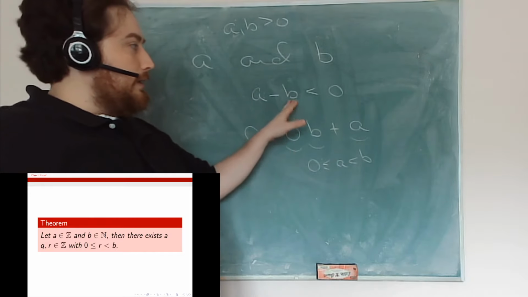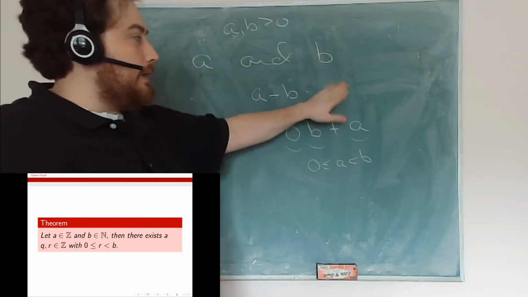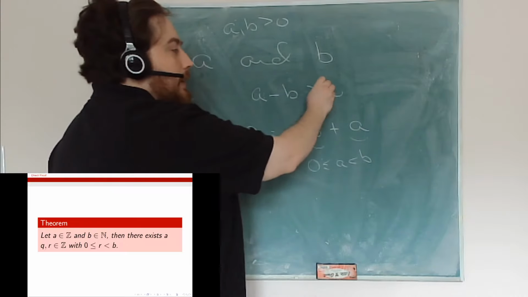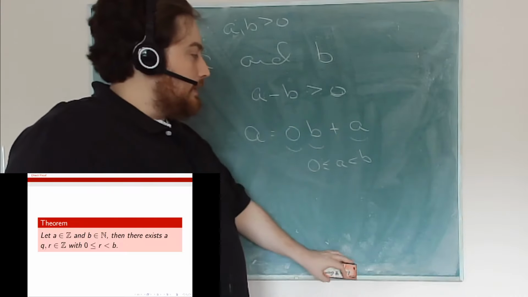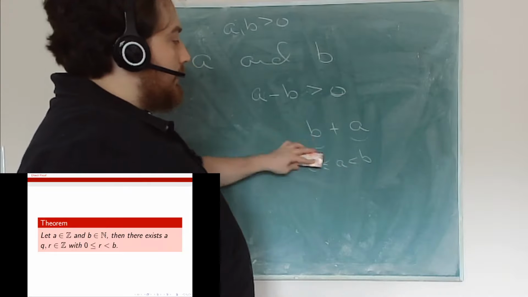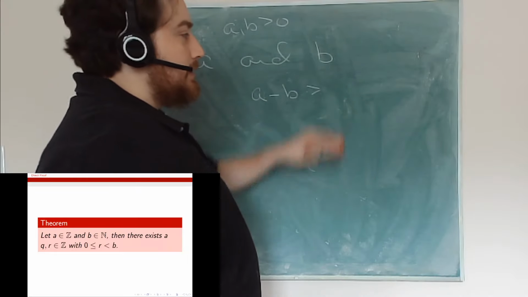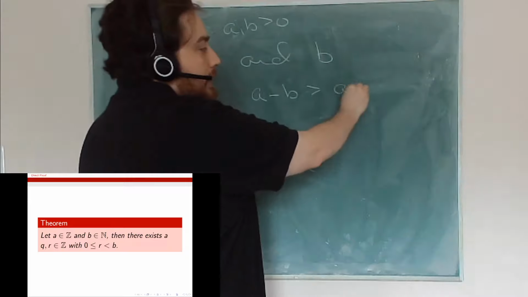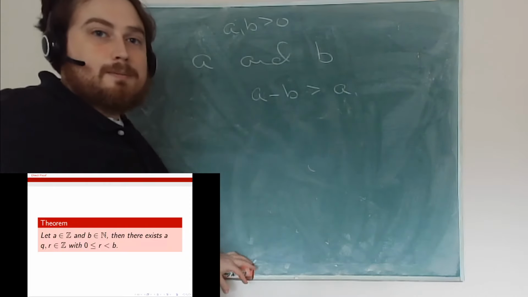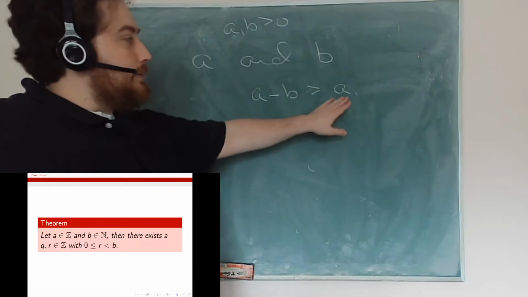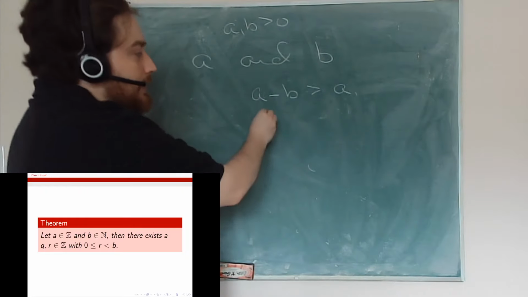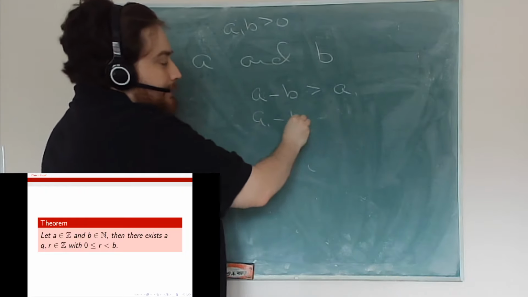Now, on the other hand, if b is smaller than a, then a minus b is going to be greater than 0. So a minus b is some new number. Let's call it a sub 1. With a sub 1, let's find a sub 1 minus b.